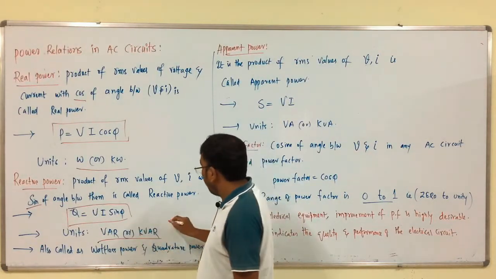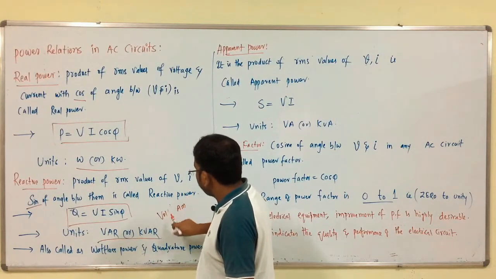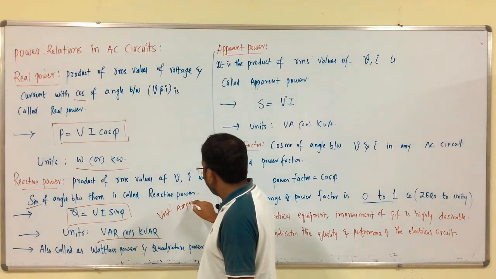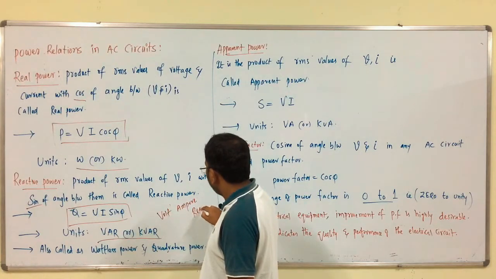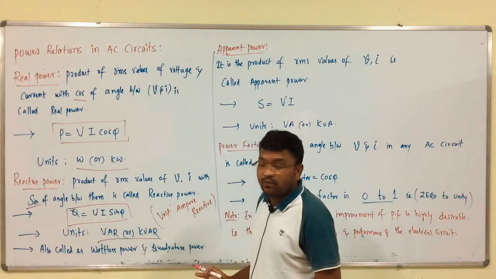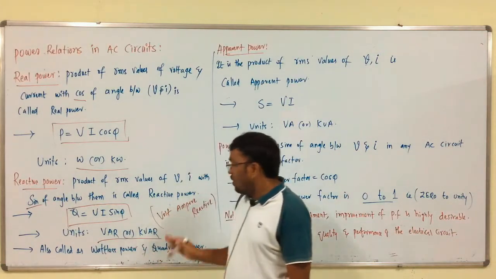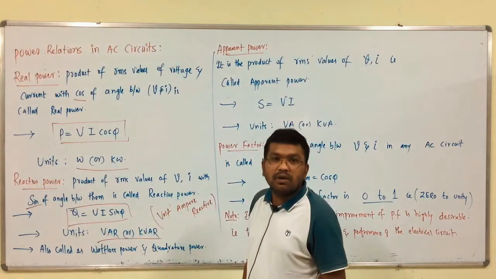VAR represents volt ampere reactive. It is also called wattless power or quadrature power, meaning useless power.